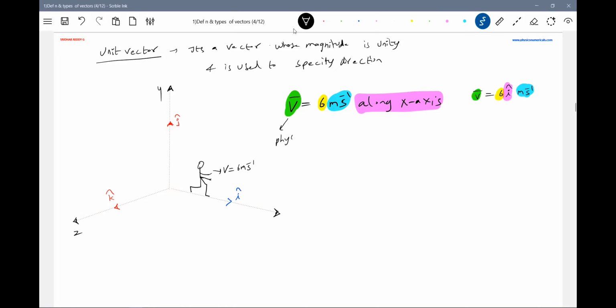Physical quantity. It's a velocity, no? And what does this 6 indicate? Magnitude. Meter per second is the unit. This indicates direction.